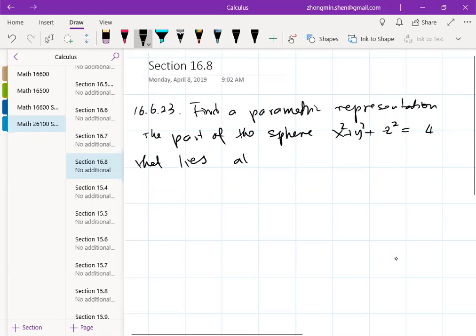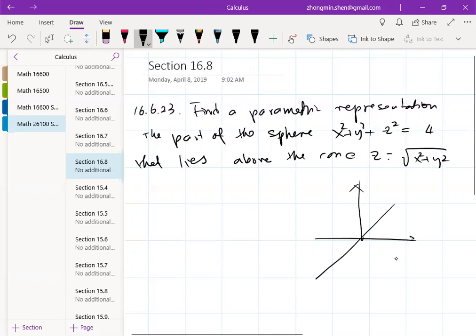The part above the cone. Right, let's sketch the graph. So this is a sphere. You just need to determine... this is a sphere.